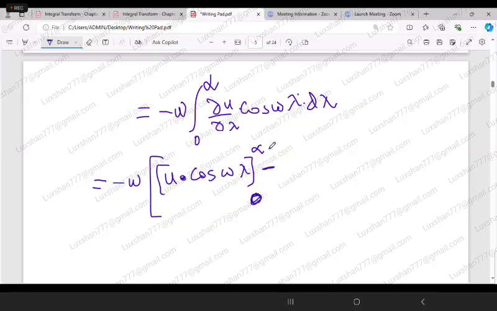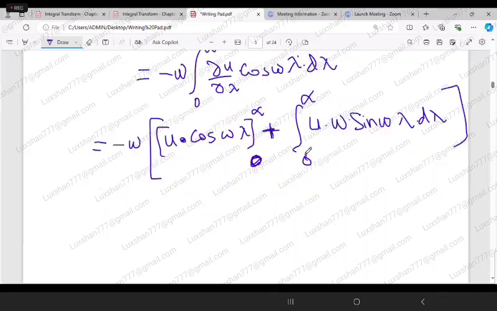Minus, integration 0 to infinity. The derivative of cos is minus sine, so that becomes plus omega sine(ωλ) dλ.